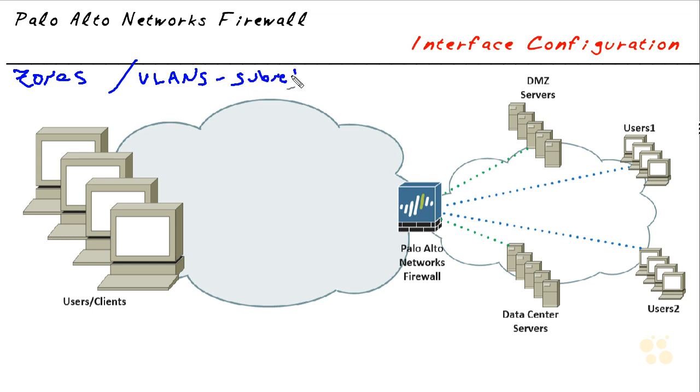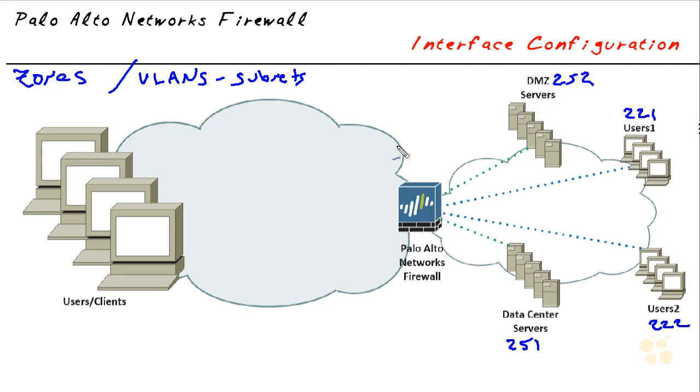So subnets. And really probably get into stuff here. Users 1, we'll say is going to be VLAN 221. Users 2 is 222. My data center servers, we'll give this 251. And DMZ servers 252.